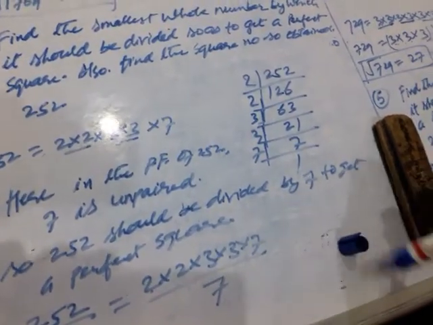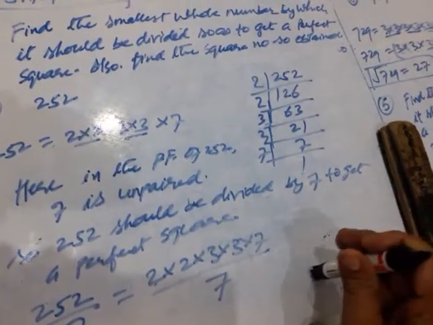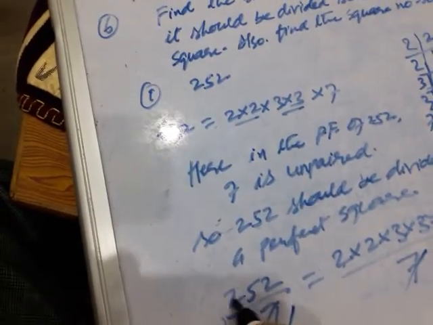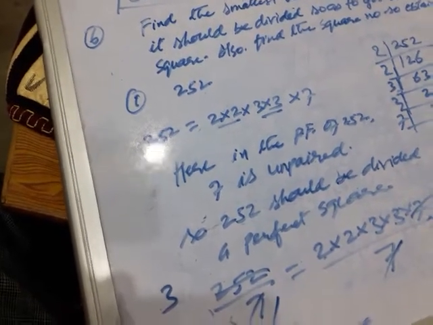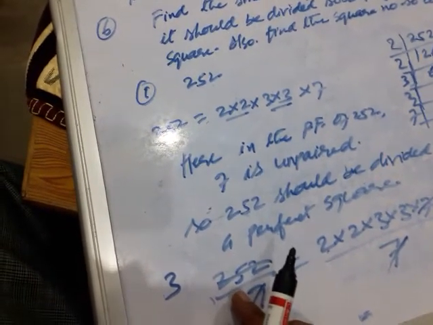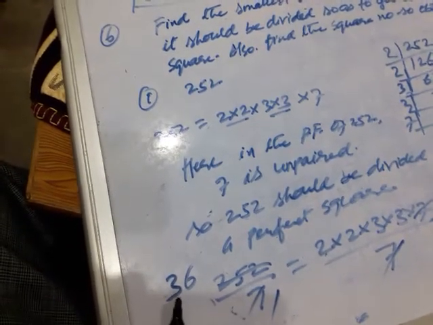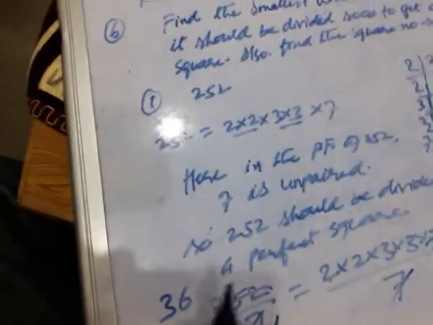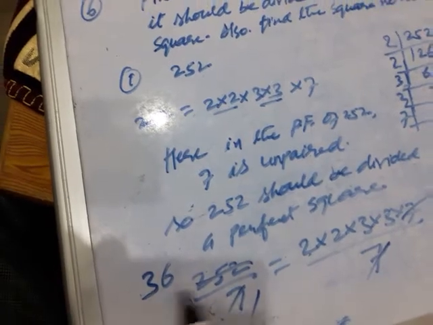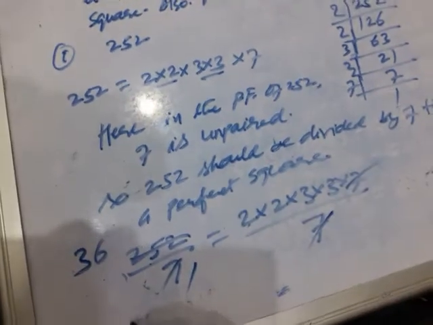Now 7 and 7 get cancelled together. 7 threes are 21, 4 remains, and 7 sixes are 42.